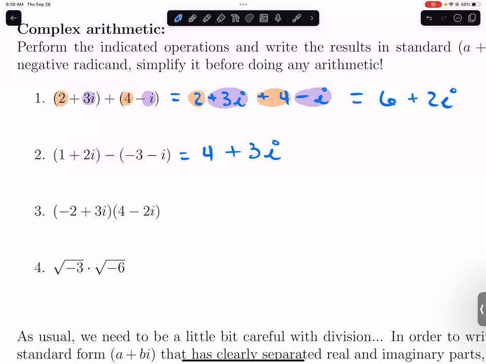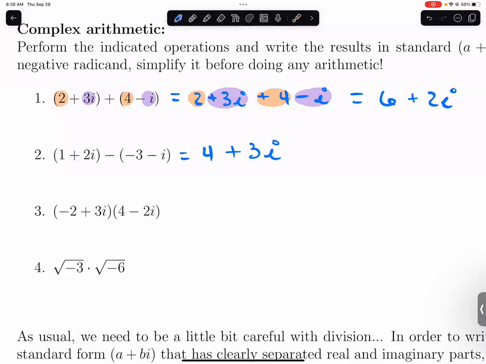Okay, what about number 3? Now we're multiplying 2 complex numbers. So basically, we need to treat these like binomials, like we would if it was x plus 1 times x plus 2. So we have to do a binomial expansion or a FOIL, right? Expand this whole thing.